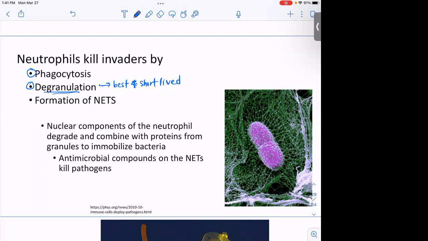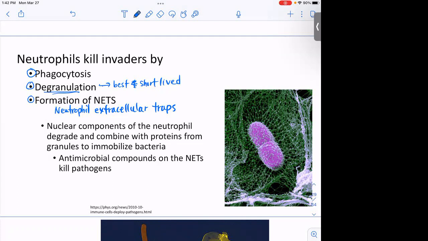And the third way that neutrophils act on pathogens was discovered fairly recently, maybe 10 or 15 years ago: the formation of NETs, which stands for neutrophil extracellular traps. They found that neutrophils have a way to actually sacrifice themselves in order to immobilize pathogens.